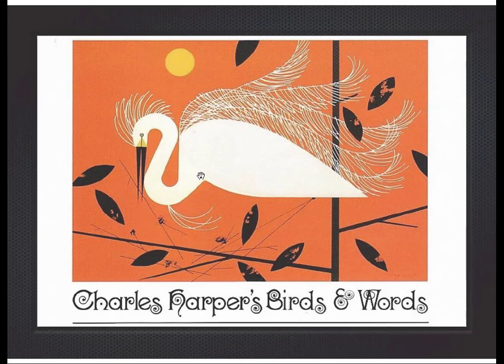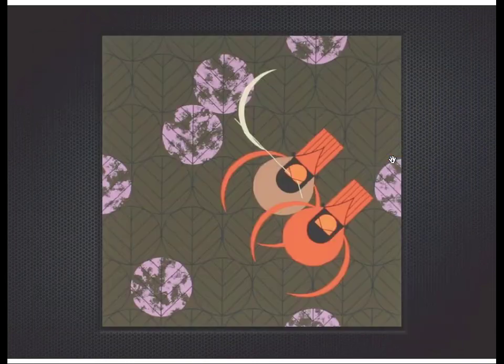But when you look at the bird, the bird is broken down into very simple shapes. You have this shape here, which is nearly identical in shape to the leaf. And then you have this very simple shape here. You have some triangles, another triangle, a circle, and then you have the wings.